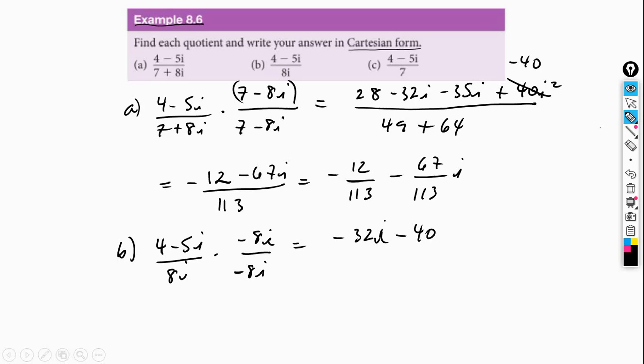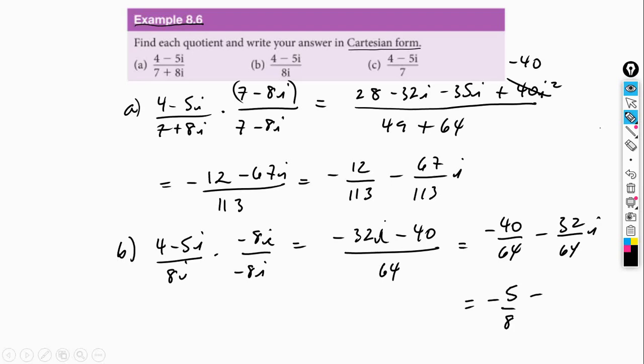And this over, notice that it's going to be negative 64i squared, which is just 64. So rearrange this, and we get minus 40 over 64 minus 32 over 64i, and this can be simplified into minus 5 over 8 minus 1/2 i.